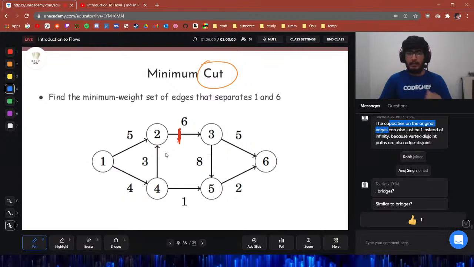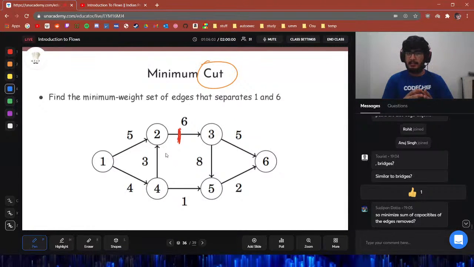So the problem here is just to find the minimum weight set of edges such that it separates 1 and 6. So minimize the sum of capacities of the edges removed. I just have to minimize the sum of edges which, when cut, will separate 1 and 6, like in this example. So here I can remove 1 and 6, and it would result in a cut because now 1 and 6 are totally cut.